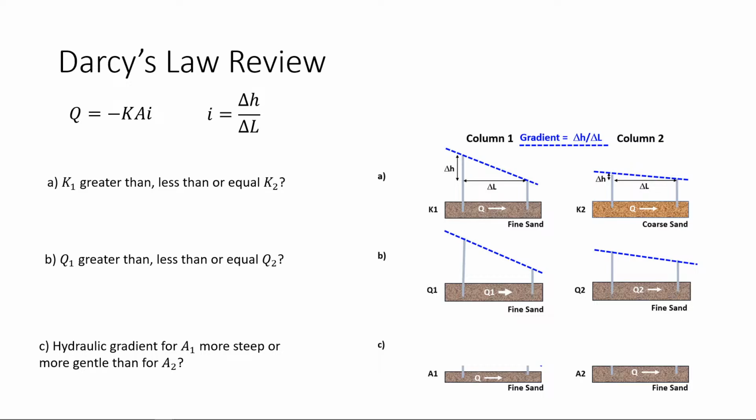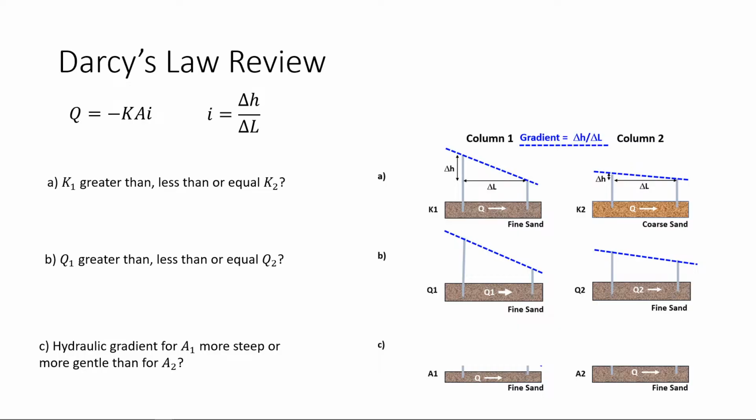So now here I'm showing you column A and column B. Here you have a fine sand and a coarse sand, and I am asking: is K1 greater than, less than, or equal to K2? Given these images you have here, is K1 greater here or here? Which do you think would be the case?